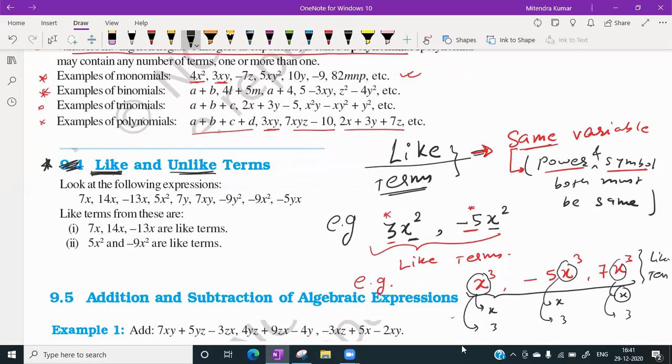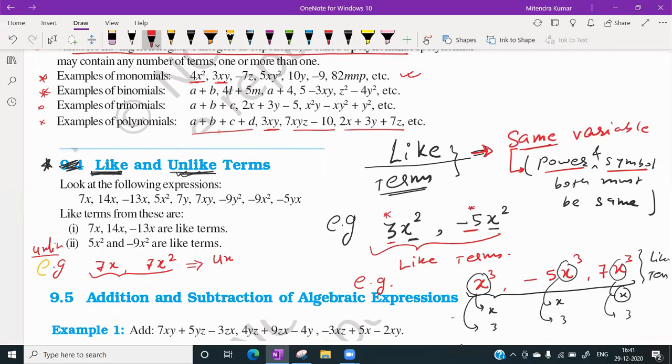And if this condition is not fulfilled, then it is called unlike terms. अगर ये condition fulfill नहीं हो रहा है, तो हम लोग उसको unlike terms बोलेंगे. Example of unlike terms: if I write 7x and 7x square, तो क्या ये दोनों like है या unlike है, बताओ आप लोग. Unlike terms.